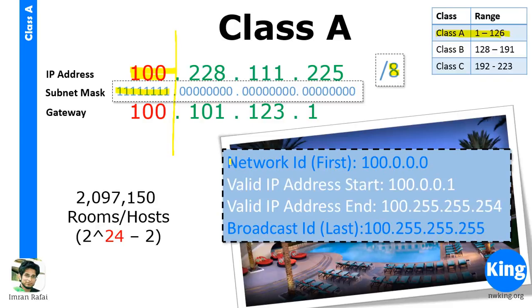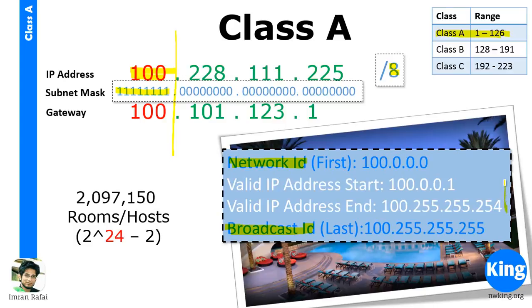The network ID is made by setting all the host bits to zero, so in this case it's 100.0.0.0, and the broadcast ID is made by setting all the host bits to ones, so 100.255.255.255 is the broadcast ID.